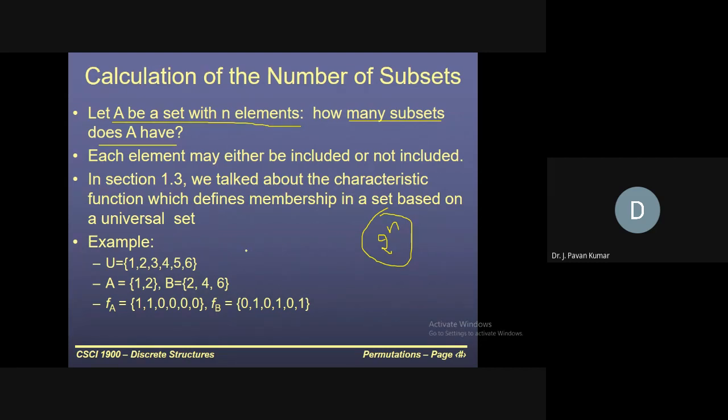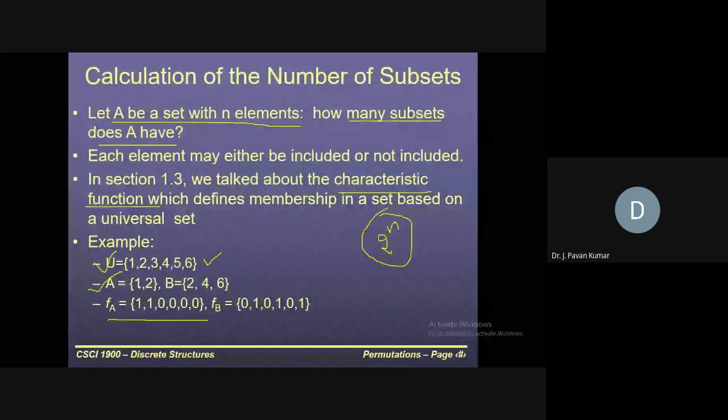Another possibility: we have seen the characteristic function earlier, I think in quiz 1 itself. The characteristic function defines whether one particular element is present in a set or not with respect to the universal set. Likewise we can define fA, where the universal set is this. A is 1, 2, then fA is the characteristic function where the entries corresponding to the elements we have will be 1, and the remaining will be zeros.